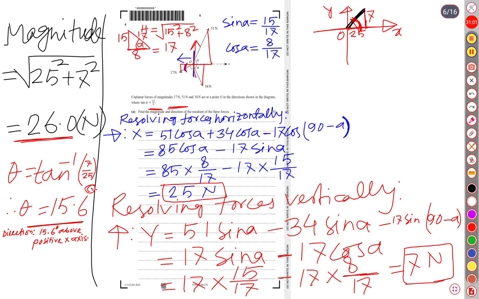The length of the hypotenuse is the square root of adjacent squared plus opposite squared, and we got 26 Newton as the magnitude. For direction, we know both vertical and horizontal lengths, so we apply the tan formula. Theta is tan inverse of 7 over 25, which gives 15.6 degrees, lying above the positive x-axis, in the first quadrant.